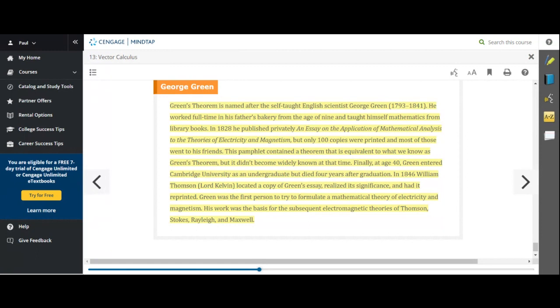If you were born into a wealthy family, you could afford to go to school, but other folks had to just work at a trade. But this guy taught himself math, and this came out of theories of electricity and magnetism. What I mean is he dealt with that a lot.